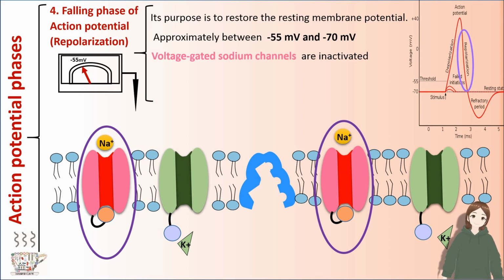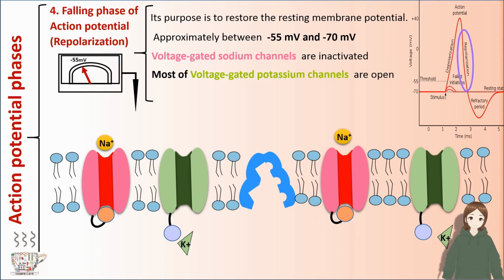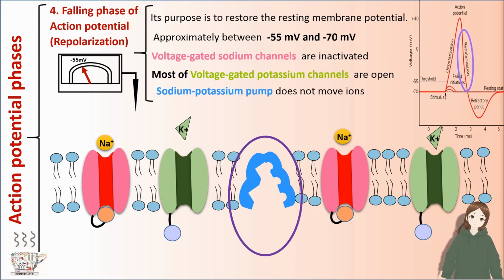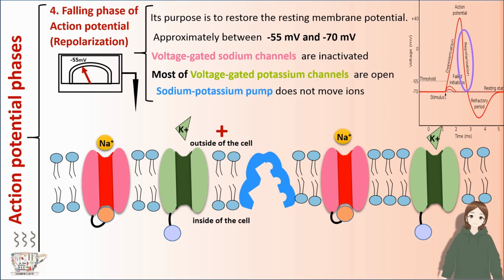Voltage-gated sodium channels are inactivated. Most of voltage-gated potassium channels are open, and sodium-potassium pump does not move ions. Outside of the cell is positive, and inside of the cell is negative.